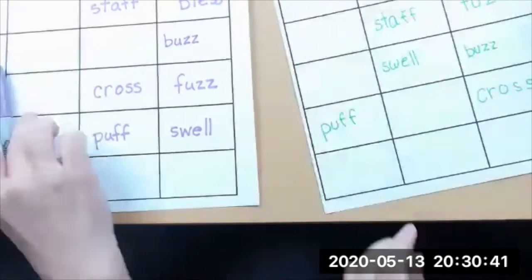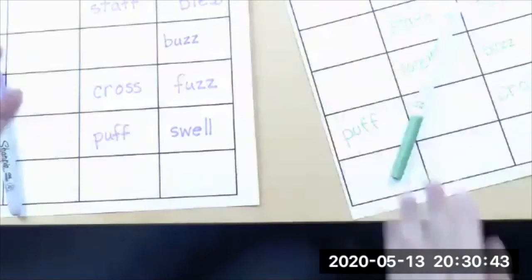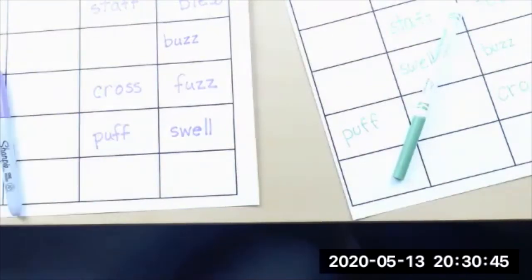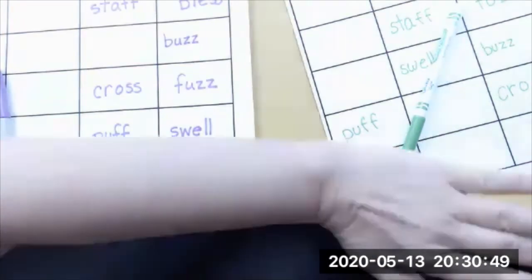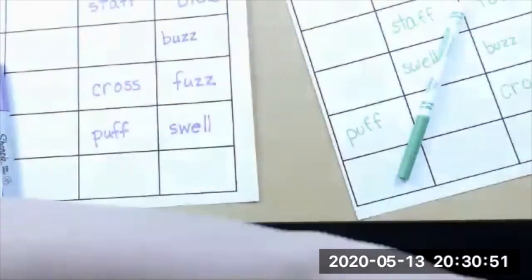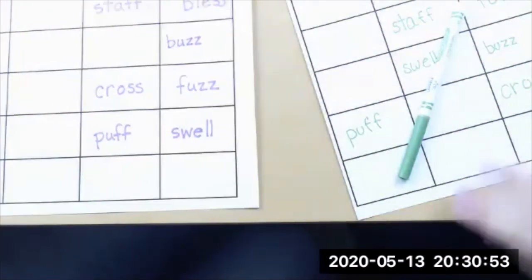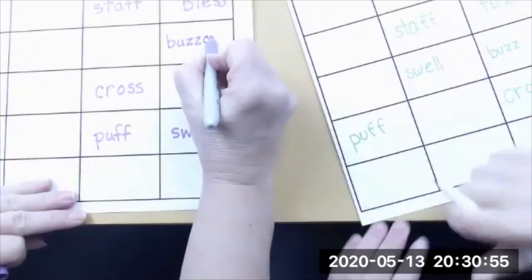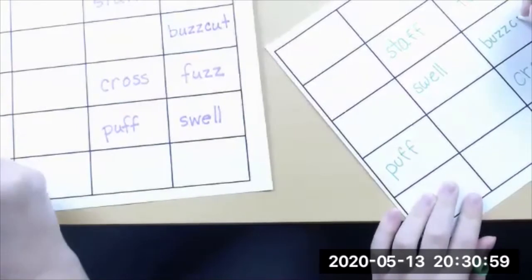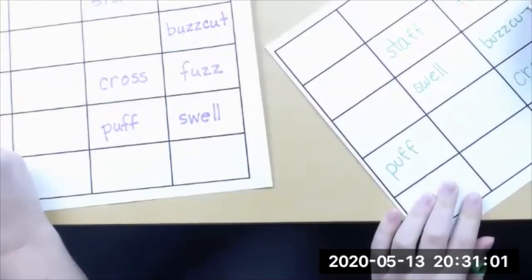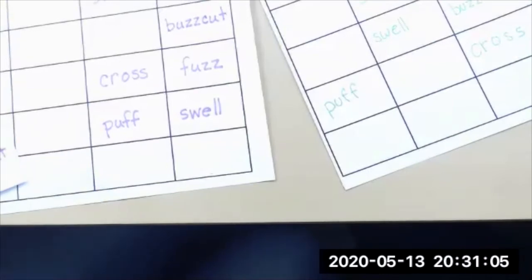And then let's find the second syllable. We'll clap it again. Buzz cut. What was the second syllable? Cut. Good job. Cut. Yep. Awesome. All right. Do you remember now about that?